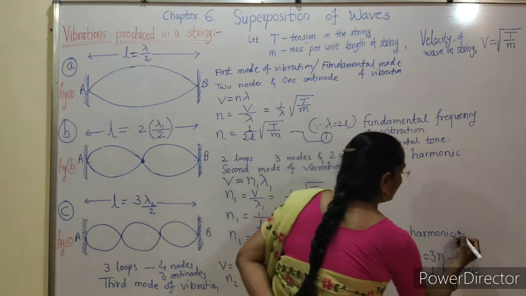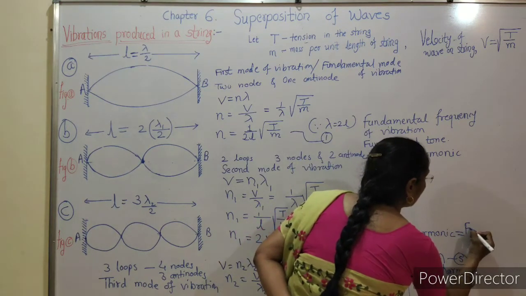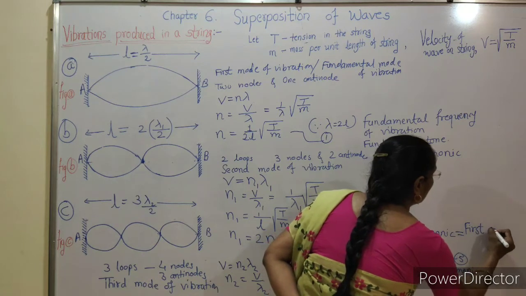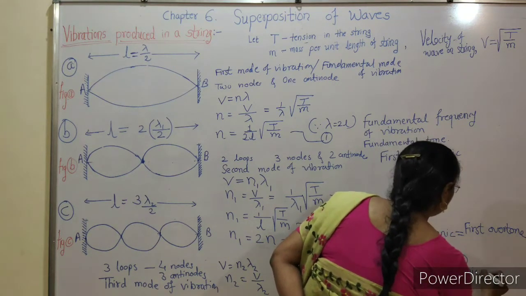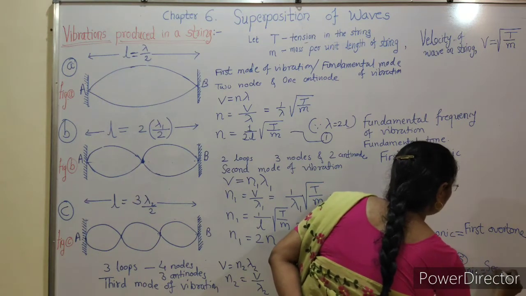For the second harmonic, it is called the first overtone, and for the third harmonic it is called the second overtone.